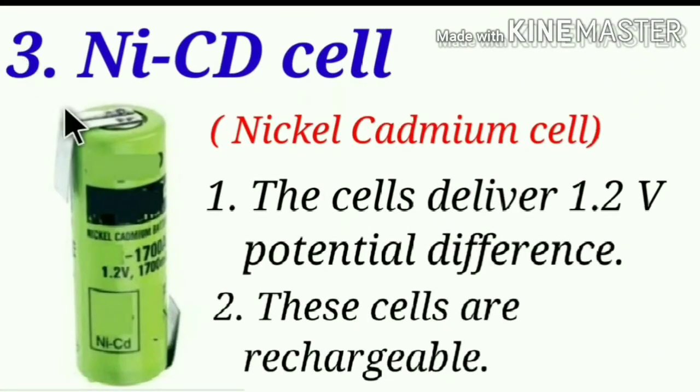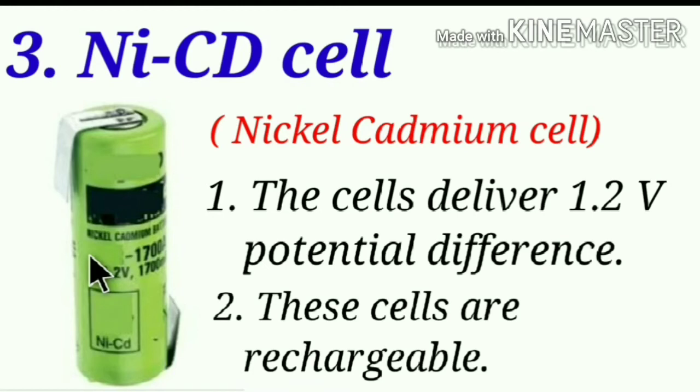Third type of electric cell, NiCd cell, means nickel cadmium cell. These days a variety of gadgets are available which are required to be carried to different places. So these nickel cadmium cells are used as a dry cell and they can be recharged.